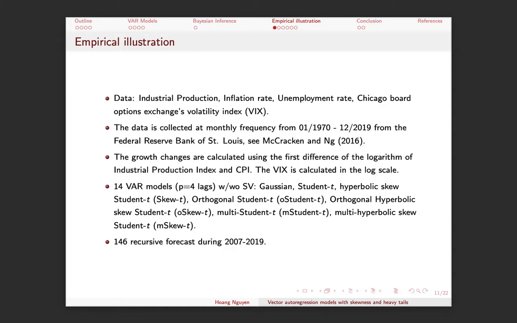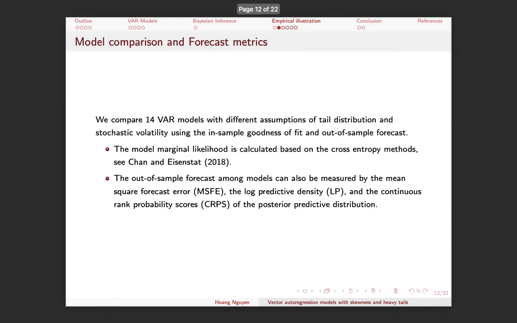And we have 14 VAR models with and without stochastic volatility, and with different setups of distribution in this case. And then we calculate the recursive out-of-sample forecast during the period of 2007 to 2019.